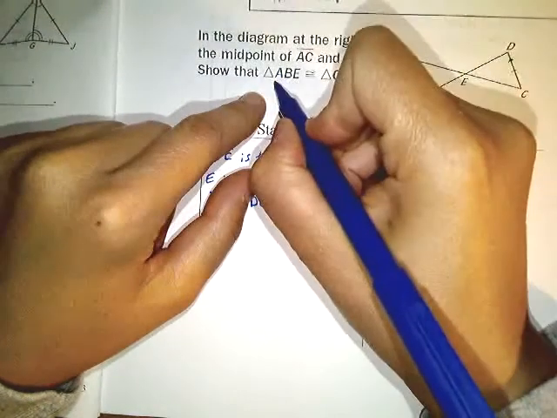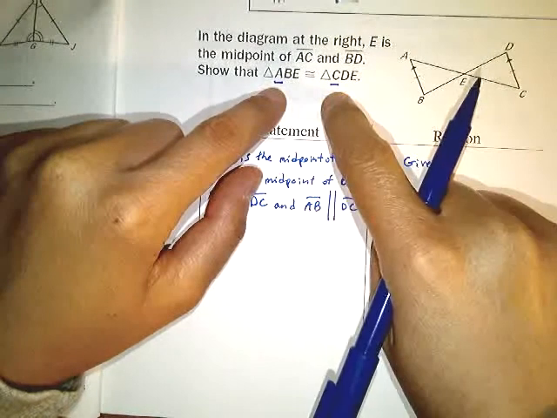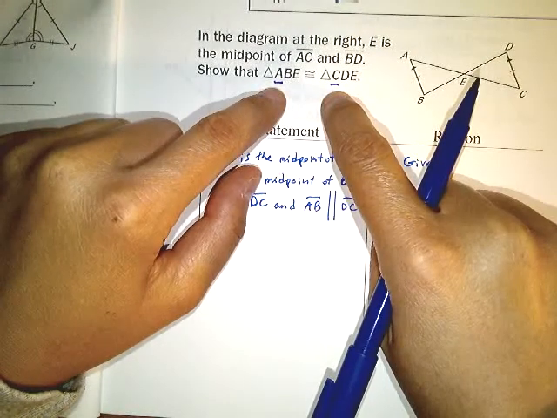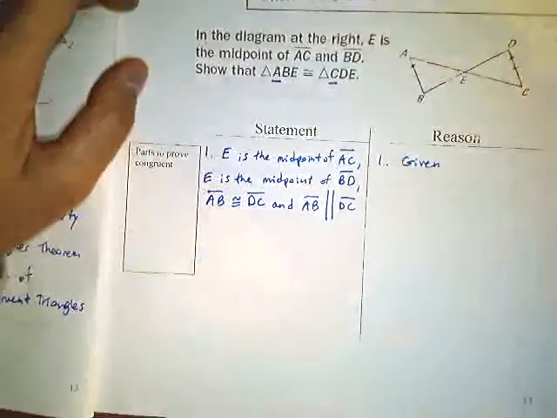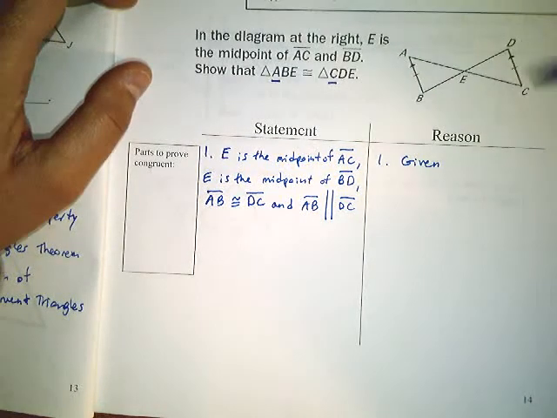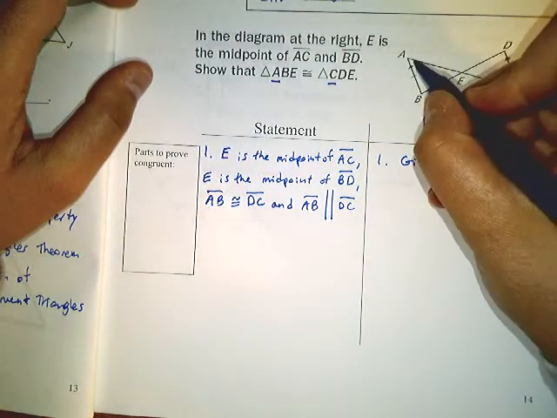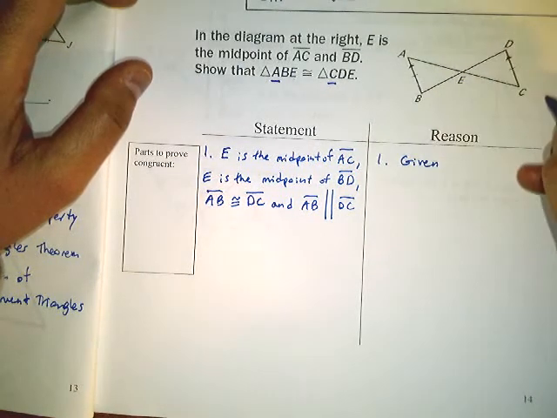So I might start with saying, hey, angle A and angle C, since they're obviously corresponding based on this statement, how do I prove that they're congruent? Well, I'm going to use the fact that AB and DC are parallel lines, and this line right here, segment AC, is our transversal.